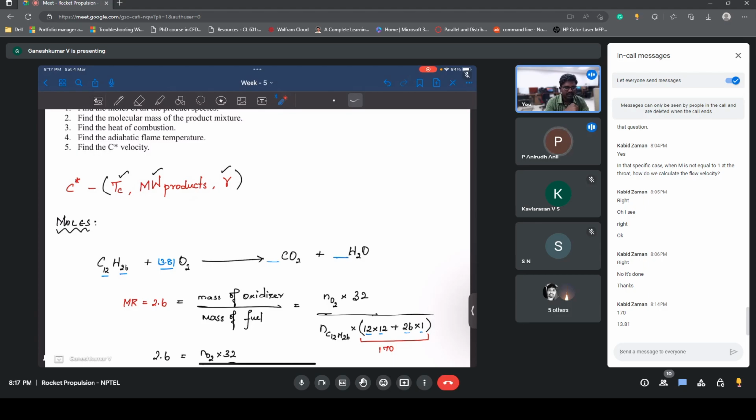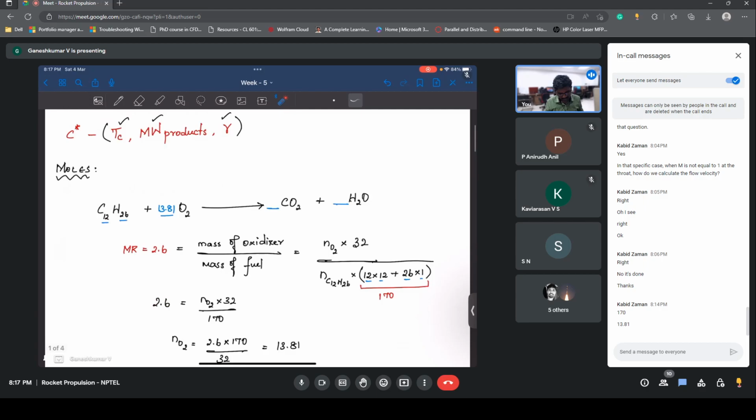Because 170 gram is 1 mole. But what we write here is we will write for per mole basis of fuel. So for 1 mole of fuel to burn, okay, we are interested in fuel, right? For 1 mole of fuel to burn, how much oxidizer I have, and based on that how many product species I'm going to form. That is what we are seeing here.